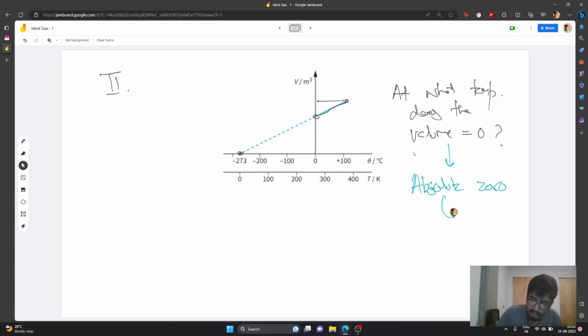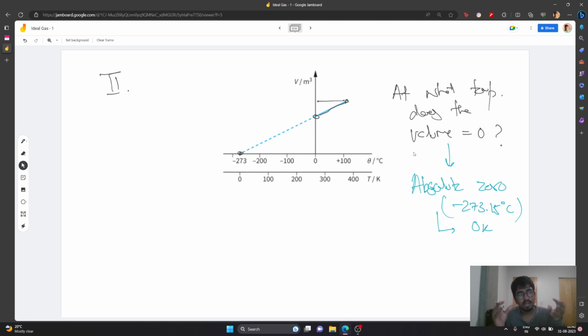So this happens at minus 273.15 degrees centigrade, which is exactly 0 Kelvin. That's how we define what the zero of the Kelvin scale is. At this point, theoretically, the gas has zero volume. So you start cooling it down, it starts shrinking, and at some point it gets zero volume.